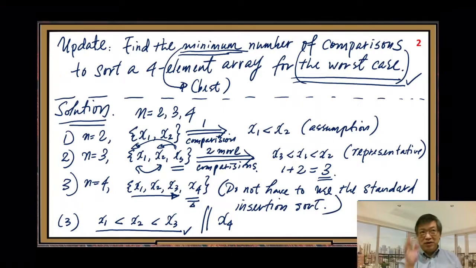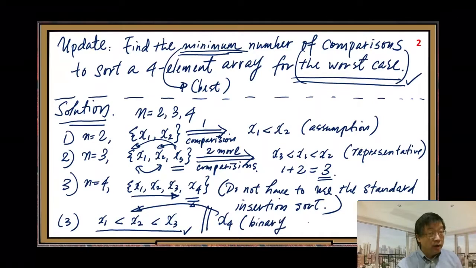Now let me show you the trick. The key step: when you do the comparison, the first one you compare with x2. Do not compare with x3 like what we did in the standard insertion. Compare with x2 first. That is, we use the idea of binary search, right?